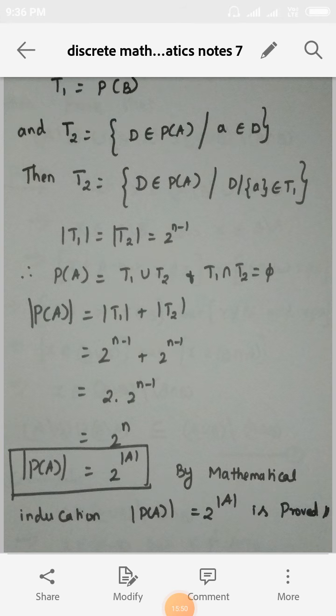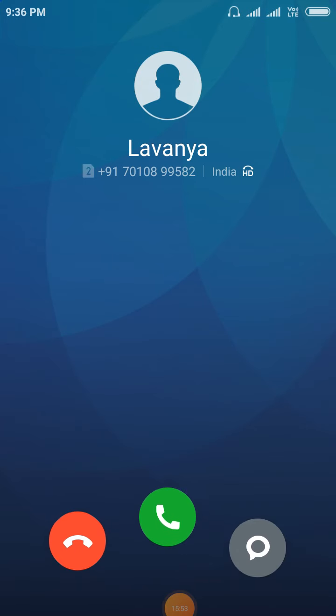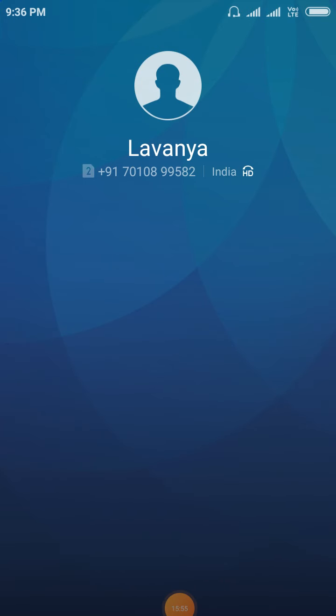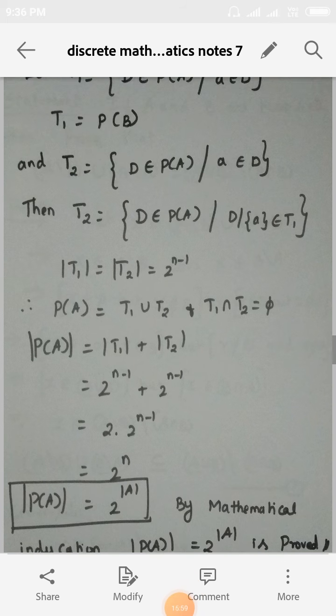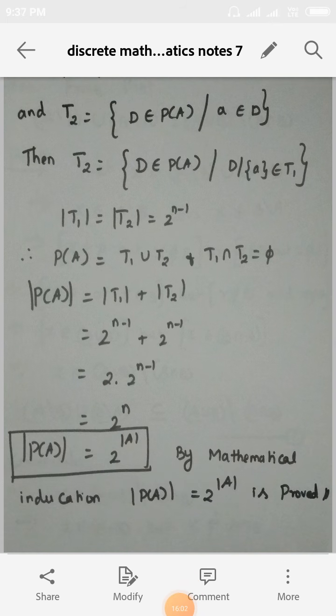So 2 power n minus 1 plus 2 power n minus 1 is nothing but 2 times 2 power n minus 1, that is 2 power n. So modulus of P of A is equal to 2 power modulus of A. By mathematical induction, modulus of P of A is equal to 2 power mod A is proved.